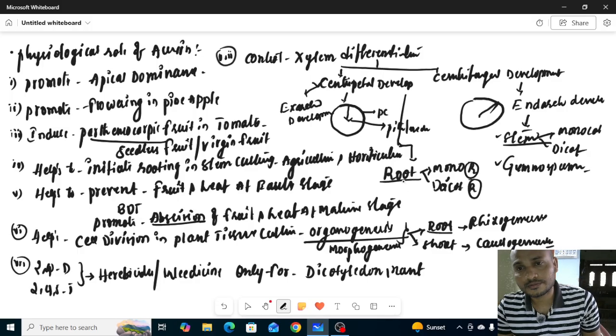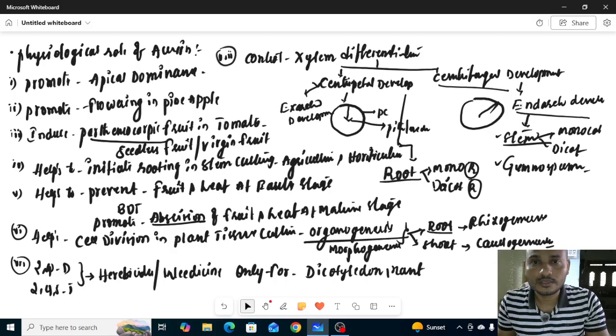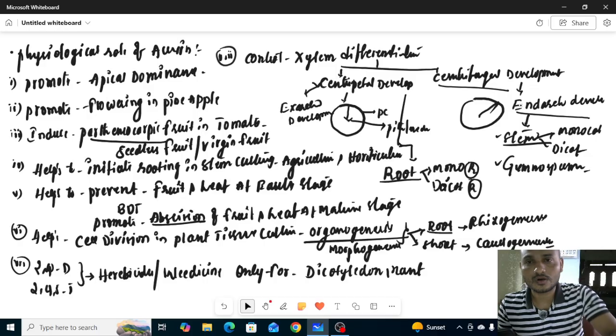So in stem and also in gymnosperm, the development of xylem is called centrifugal or endarch development. So this is all about the auxin, the introduction and the physiological role of the auxins.